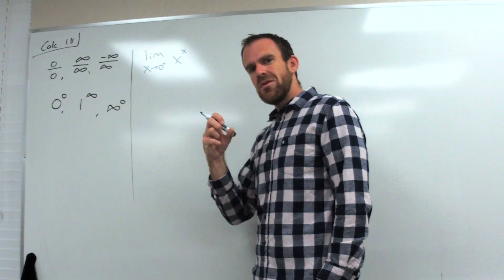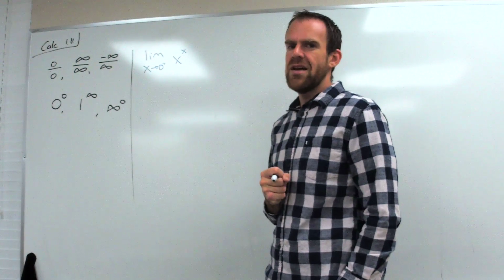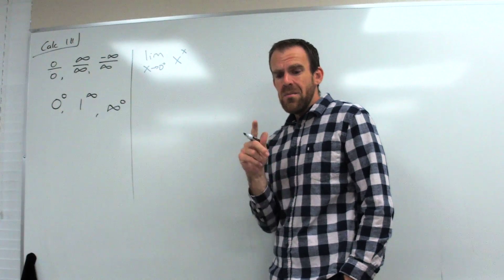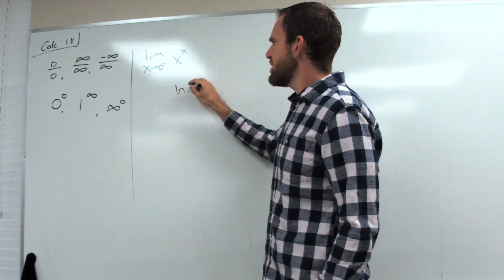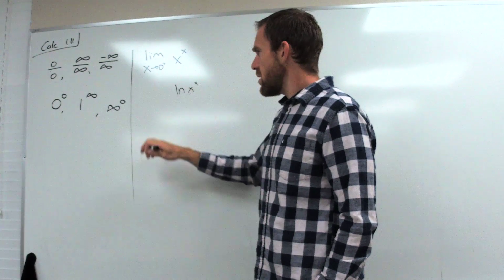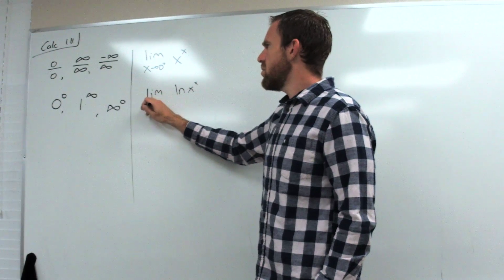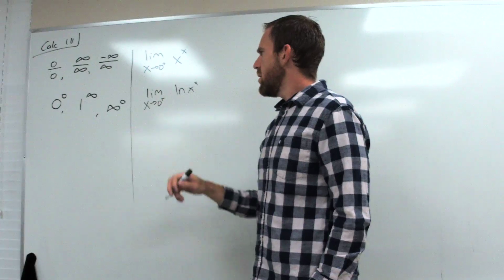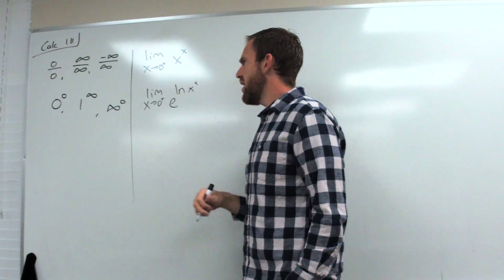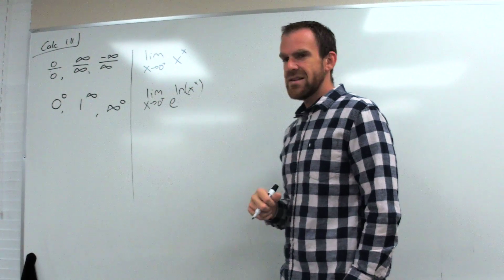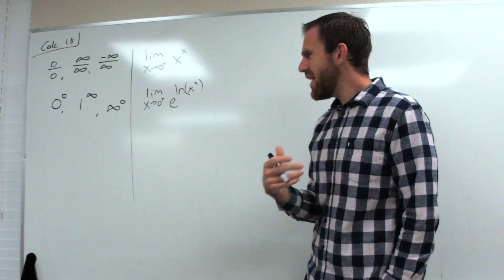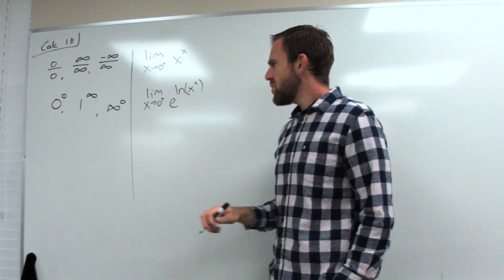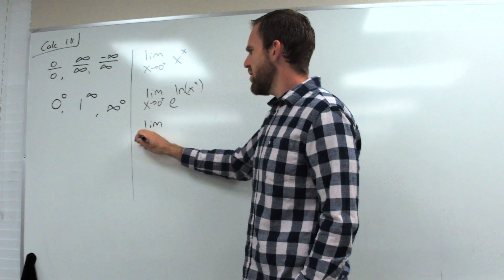Because I can bring the exponent down when I take ln, and it makes my life better. But the problem is I can't just say, oh, well, let's just do ln of x to the x, because that's changing the problem. So what I have to do is take e to the ln of x to the x. E to the ln undoes each other, so I can get away with that, and then I can solve this problem. So let's simplify this a little bit further.